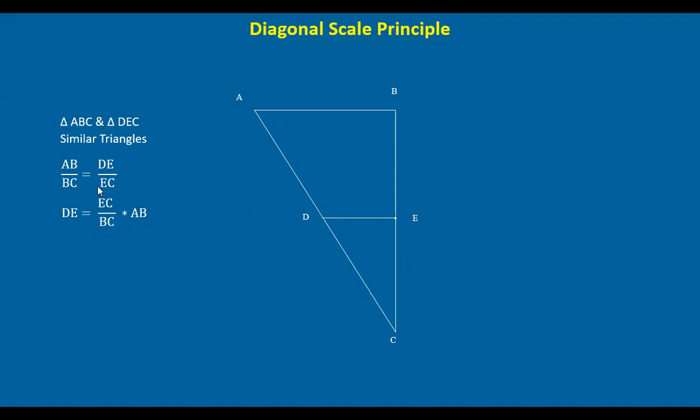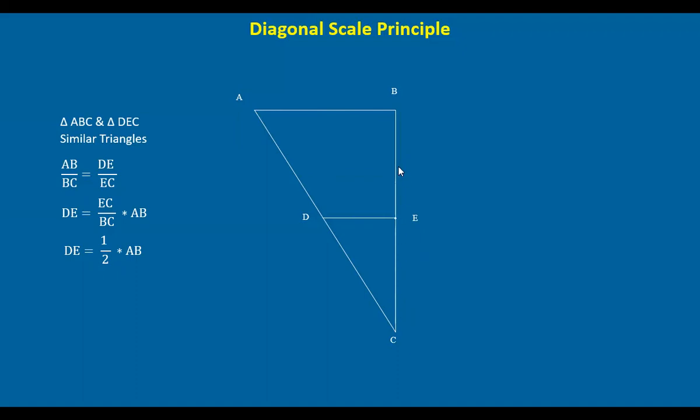Now, let us give values. EC is actually half of BC, right? So if you substitute EC as 1 and BC as 2, you get half into AB. So we got the length of DE as half of AB when we take the midpoint of BC.